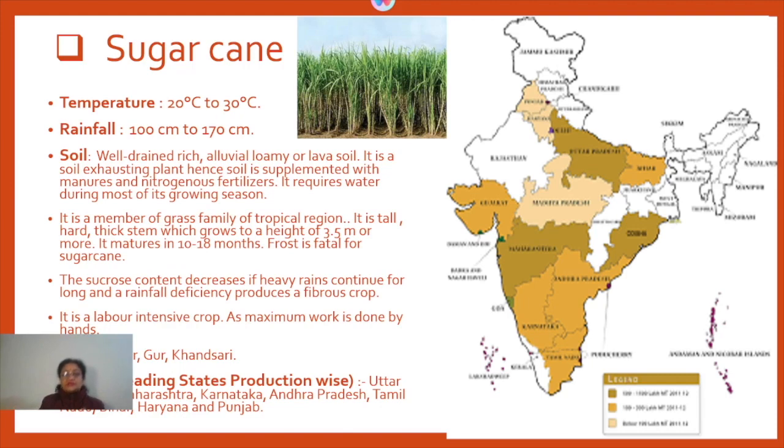So both ways, it is important for the growth of the sugarcane crop that water is available in sufficient amount. Heavy rainfall is not good, and drought conditions are not good either.